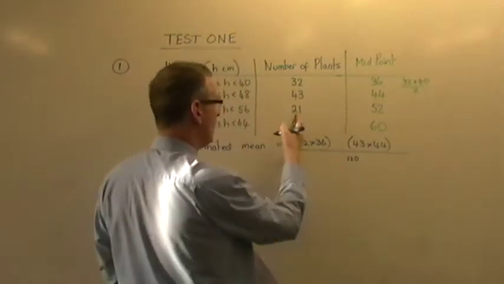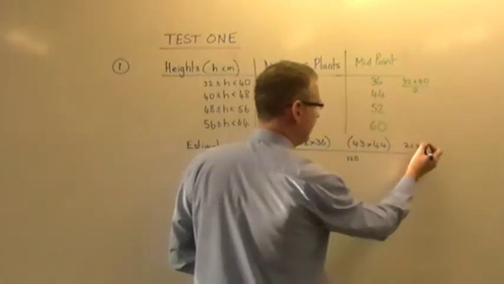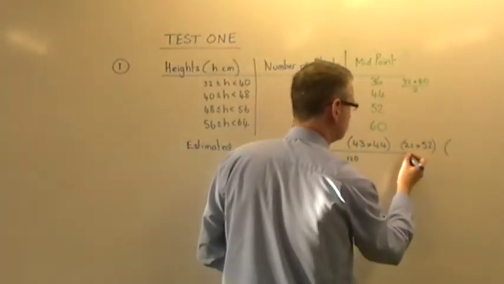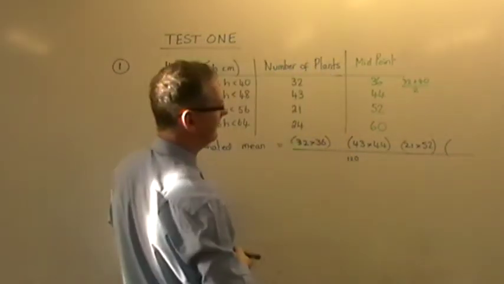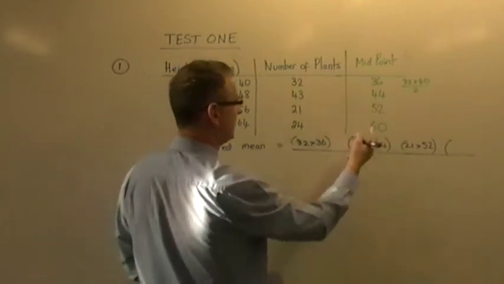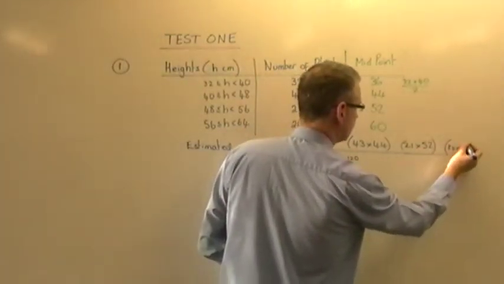I've also got 21 plants, and they're approximately 52 high. I've also got 24 plants, and they are 60 high. So 24 lots of 60.